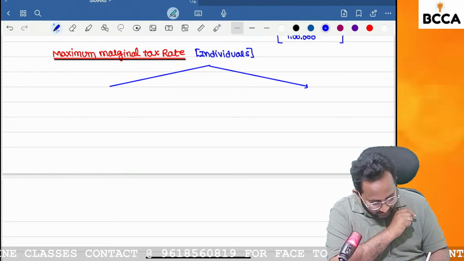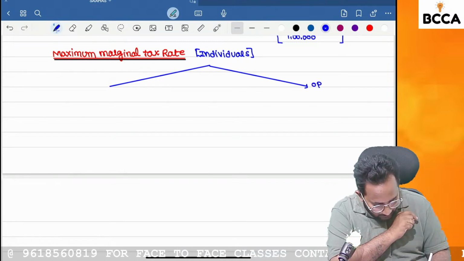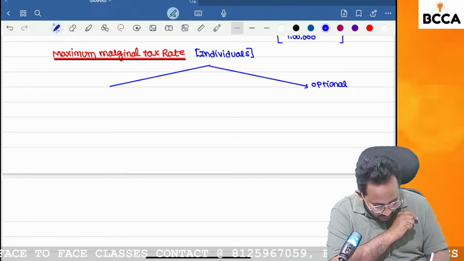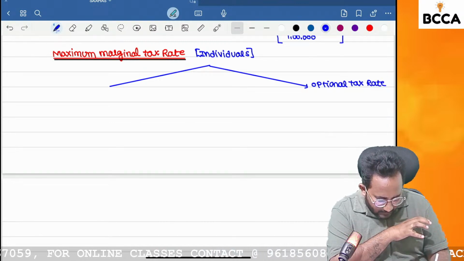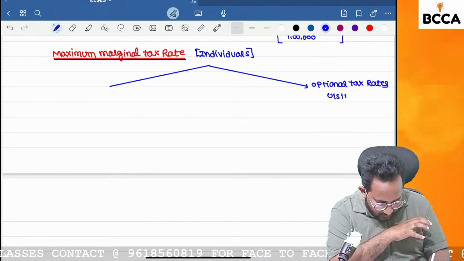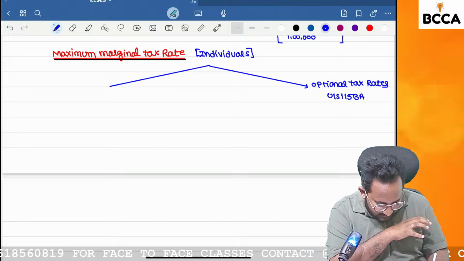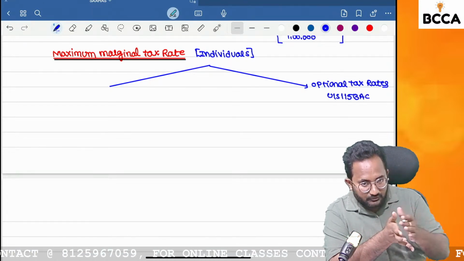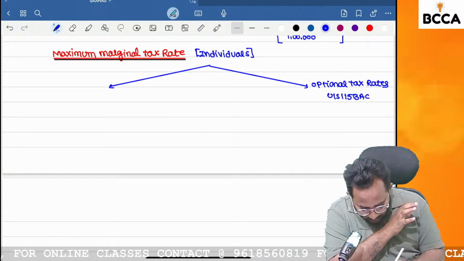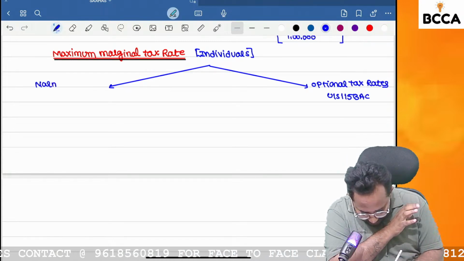That means if an individual follows the optional tax rates under section 115BAC, that is the default one. If you want to shift out of the default, yes, you can follow the normal tax rates. To be frank, this is only optional.